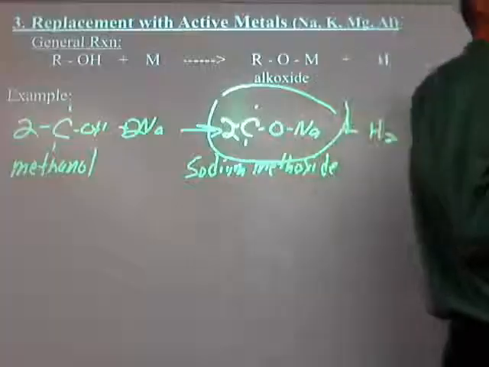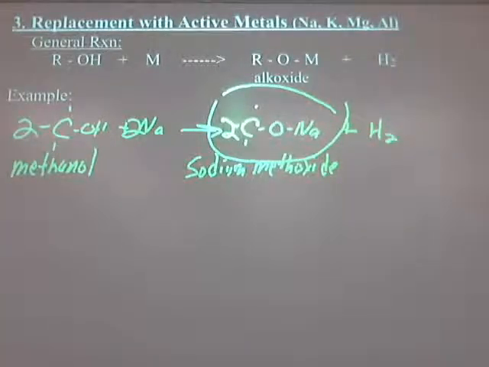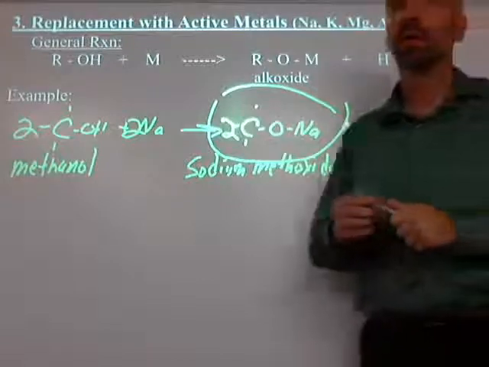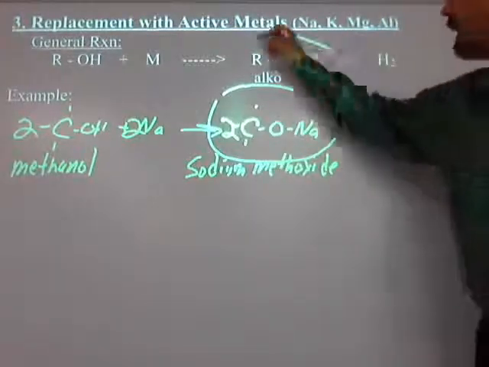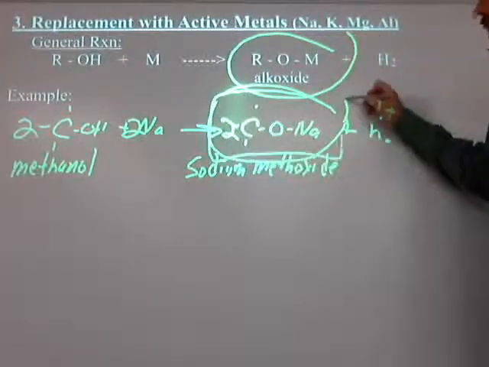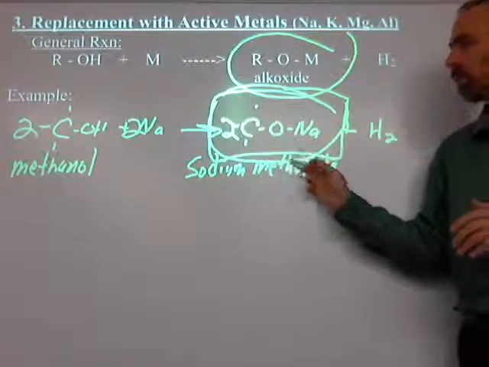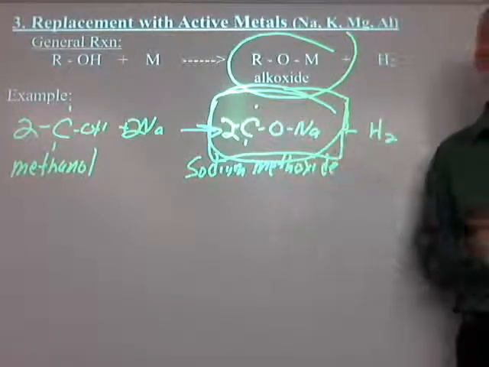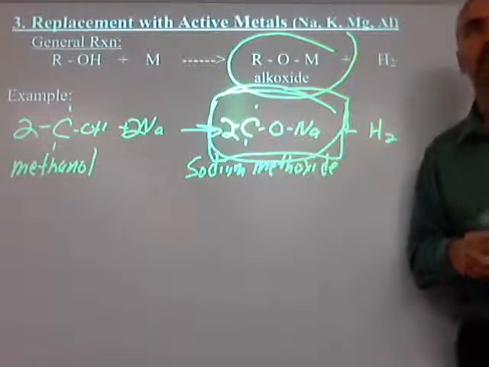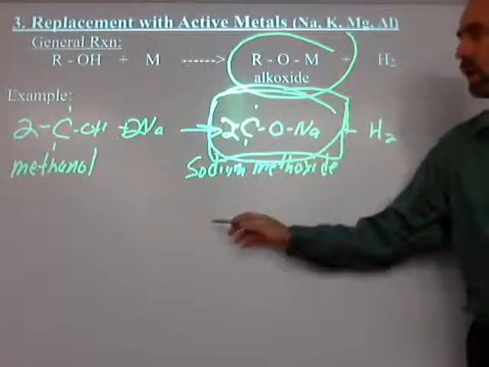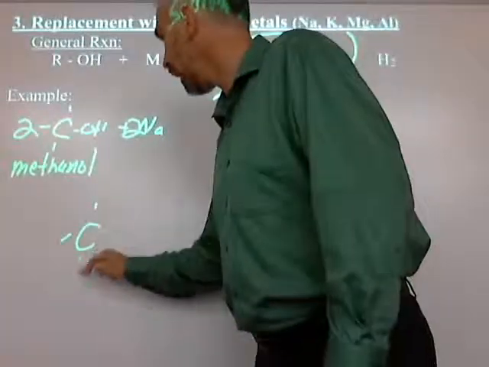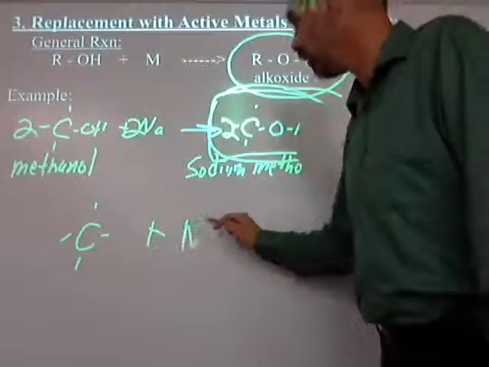These synthesis ones are going to get harder. The ones tomorrow are going to be like this. If I wanted you to make this, think about this. Say I asked you on tomorrow's, I think I do, to make sodium methoxide from an alkane. Can you just say, oh, okay, here's methane plus sodium gives me sodium methoxide?